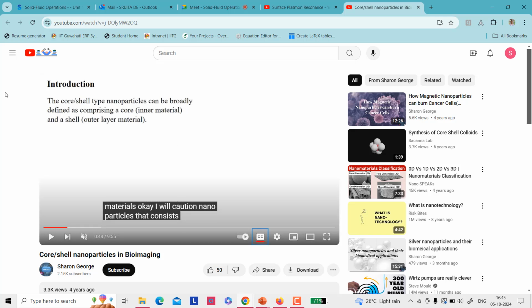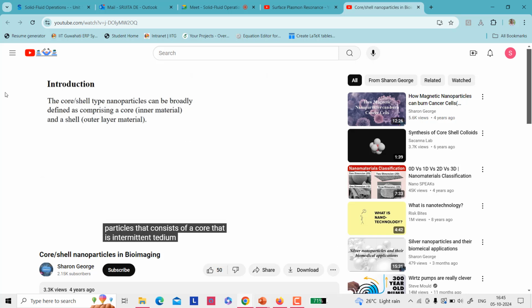So these are different types of core shell materials formed and synthesized. The first is a spherical particle with an external sphere as well.